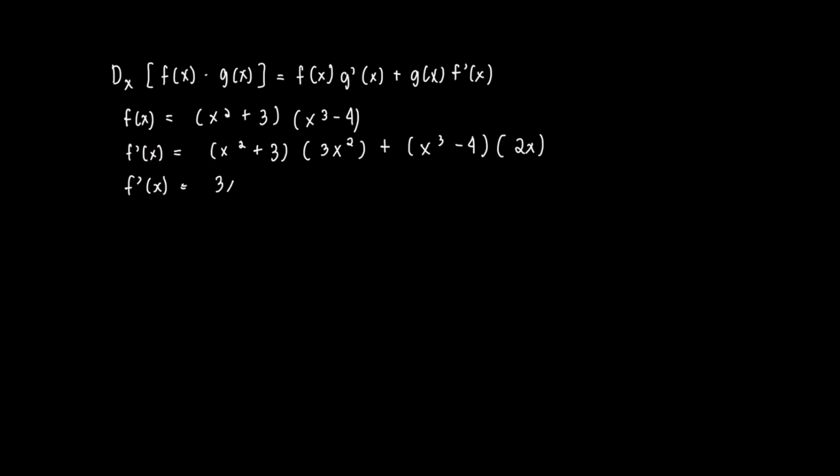Then simplify to f prime of x is equal to 3x to the power of 4 plus 9x squared plus 2x to the power of 4 minus 8x. And combine like terms. F prime of x is equal to 5x to the power of 4 plus 9x squared minus 8x. And that will be our answer.